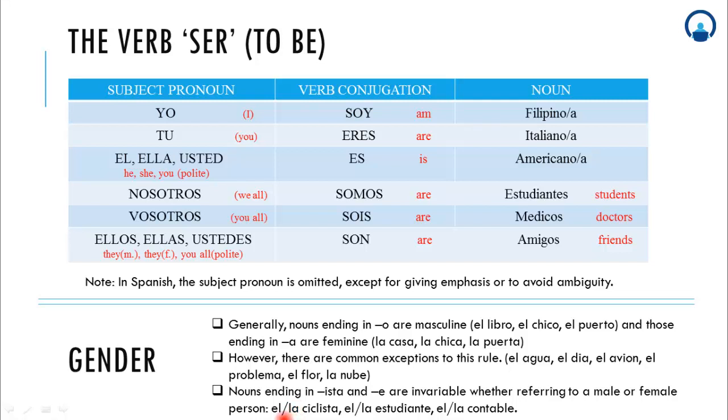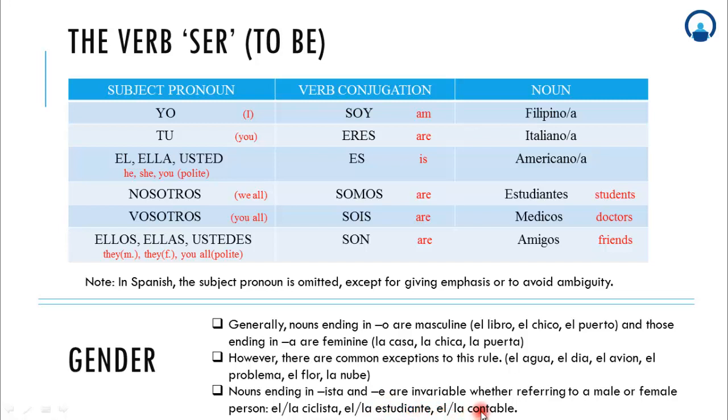It depends on the gender of the person we are talking about. If I am talking about a boy, it will be el ciclista, and if it's a girl, la ciclista. Same with estudiante, it has got e in the ending, so el estudiante for a boy and la estudiante for a girl.